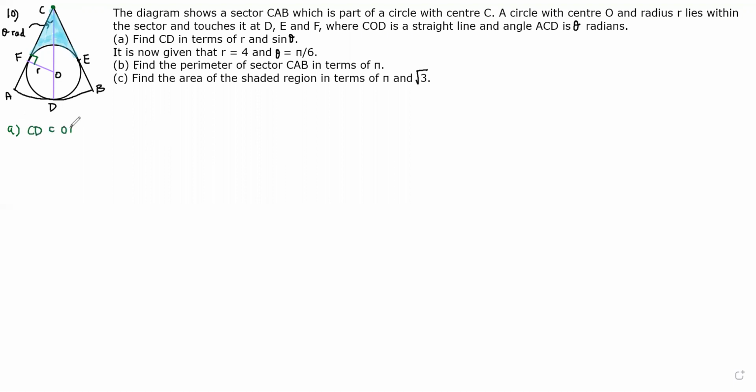CD is OD plus OC. OD is the radius of this small circle, so OD has a value of R. And to find OC, we need to look at triangle COF, which is a right triangle. So let's draw the triangle COF here.